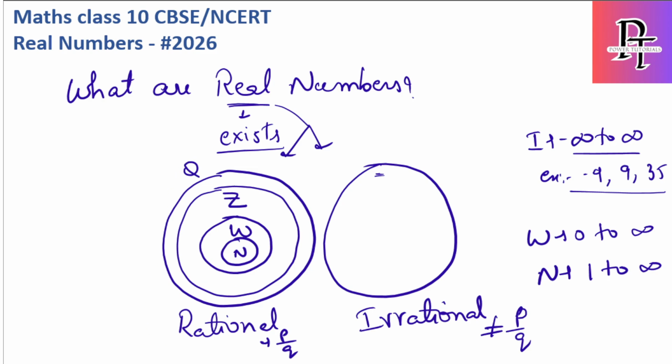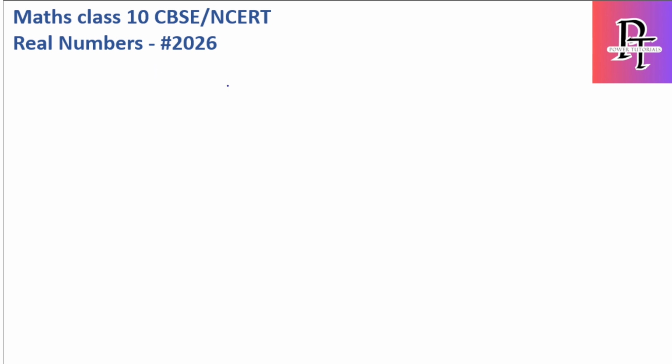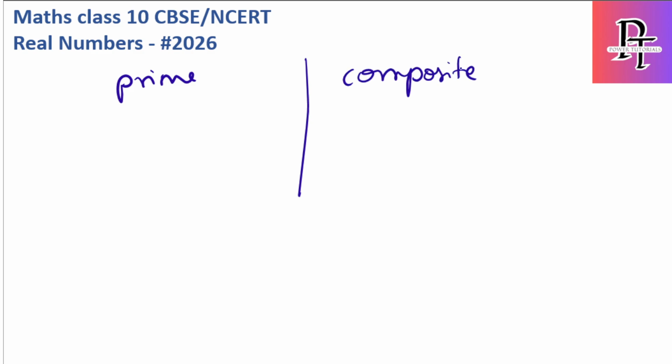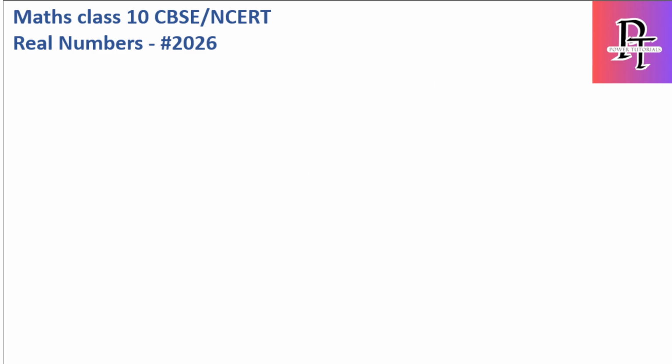Okay. Then we have another two types of numbers called prime and composite. I know we have other types of numbers which are even and odd, so let's read that part as well. We have odd numbers and even numbers.